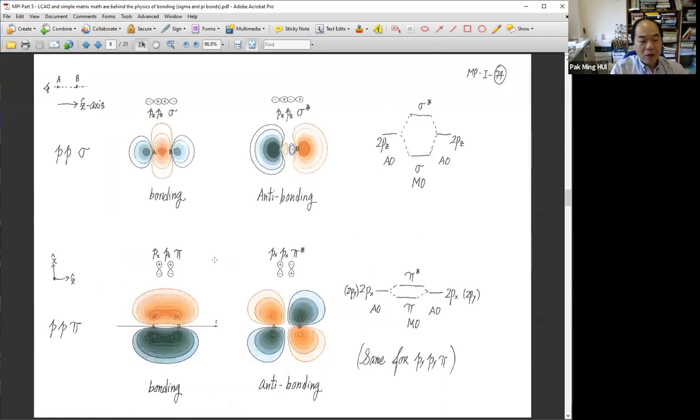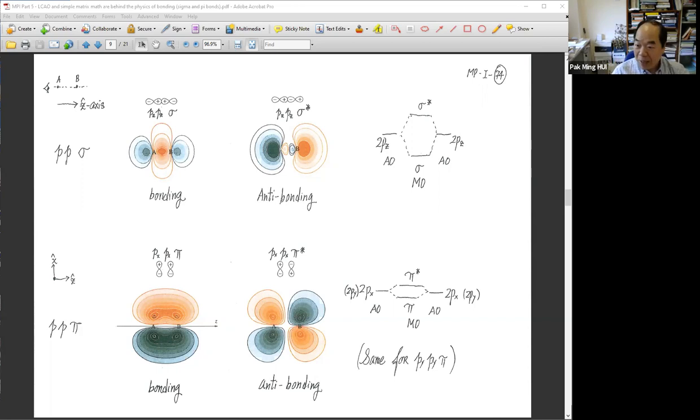So with this idea, the PP bonding becomes more interesting than SS. SS can only form sigma bond, okay, because a ball and a ball, whatever you form, it has this rotational symmetry.